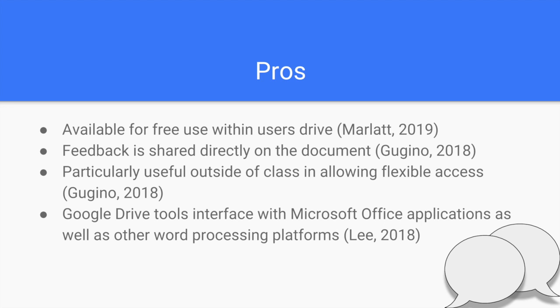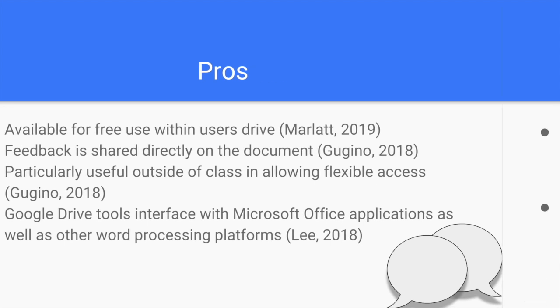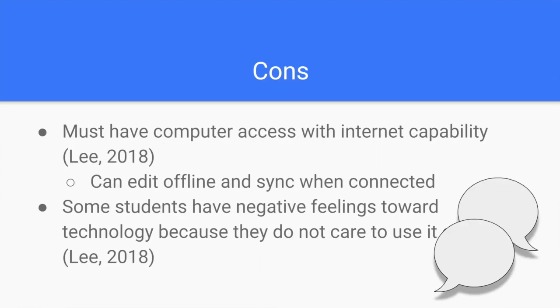So if 2 or 3 people are working on it, or an instructor is checking a student's work while a student is working on it, they can leave feedback right there on the document in several different ways, and it's immediate.